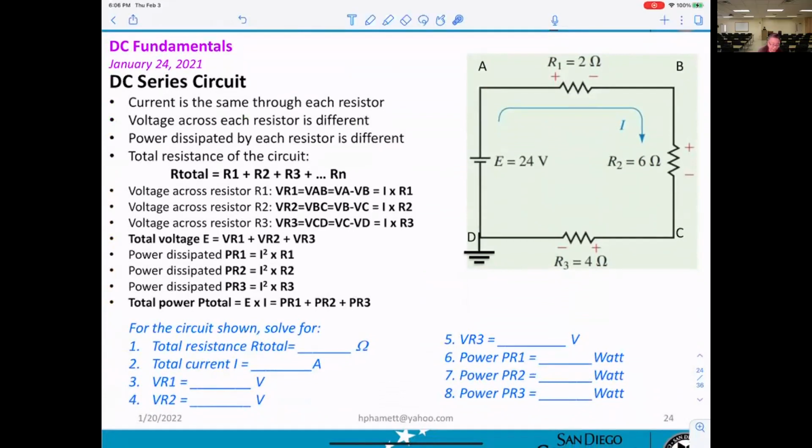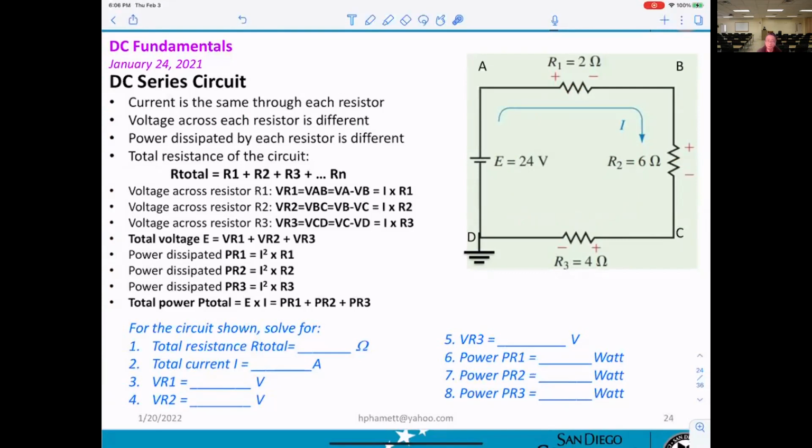Okay, when you're looking at the circuitry here, I know it is series. How do I know? You get 24 volts here, and you get the current flow. So the current will be the same on R1, the same on R2, and the same on R3, so I know it is a series.